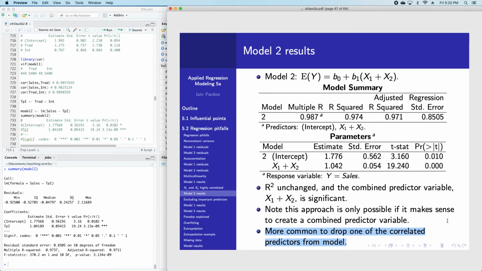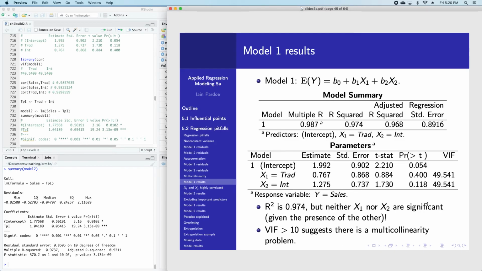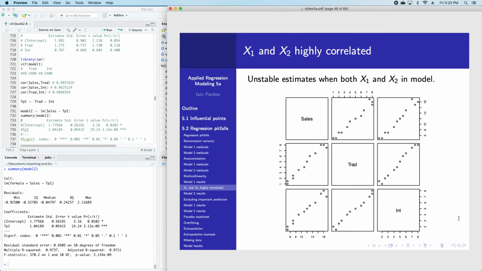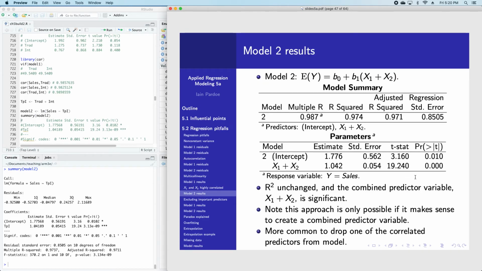So that would be another way of handling this. For example, we might decide to drop this predictor from the model, x1, because it's got the higher p-value. In this case, though, I think the approach of adding the two predictors together is more effective in this example.